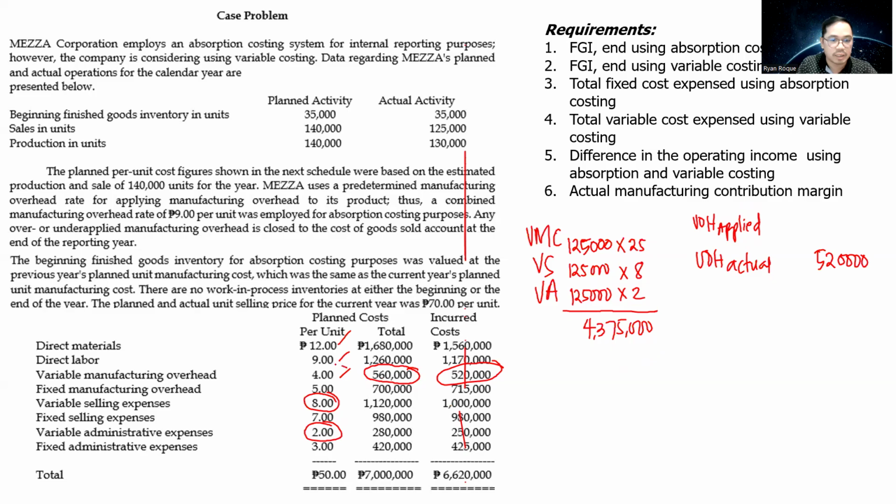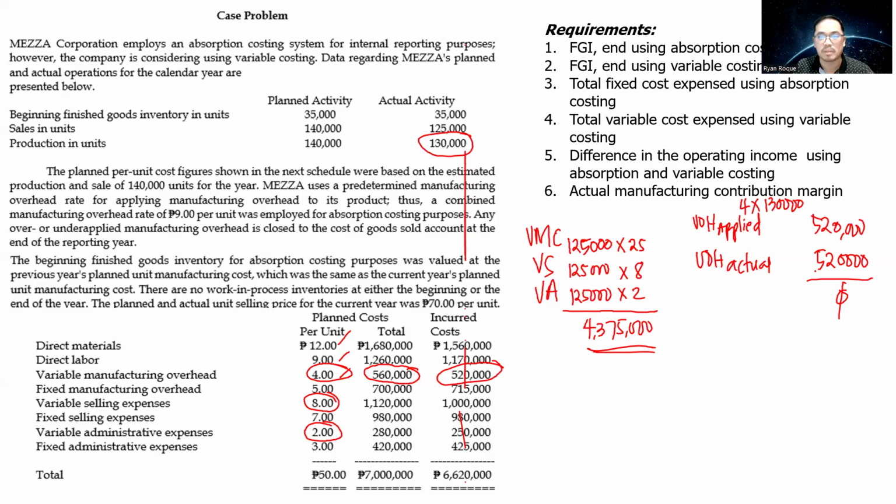The VOH rate is 4. So that would be 4 times the actual level of activity, which is 130,000. So therefore, the VOH applied is 520,000 as well. So therefore, there is no over or under applied variable overhead.